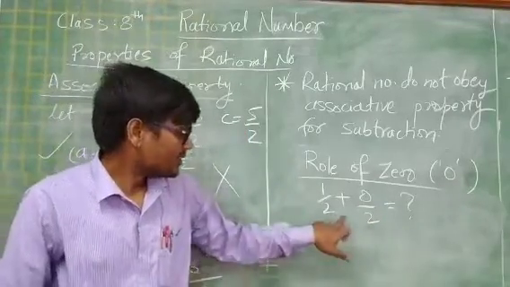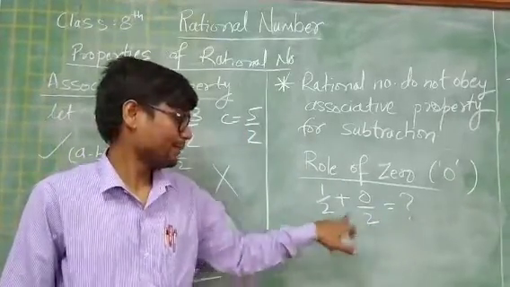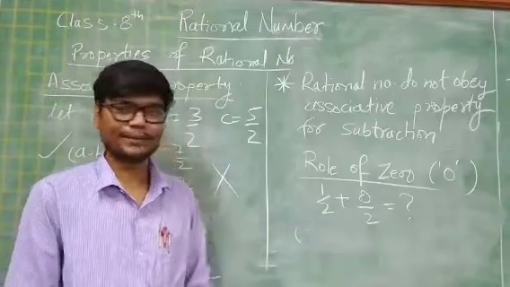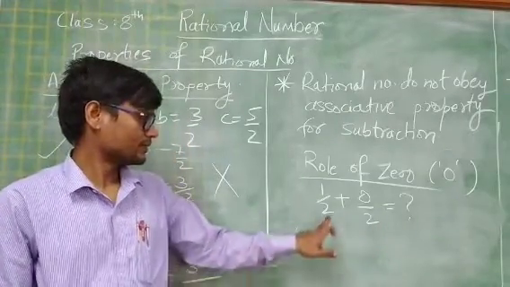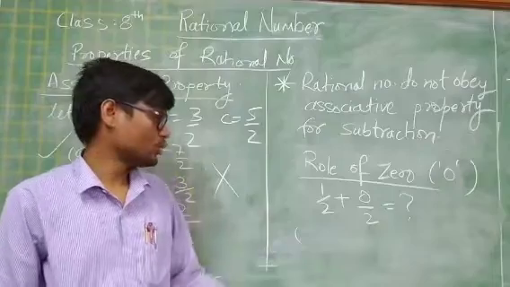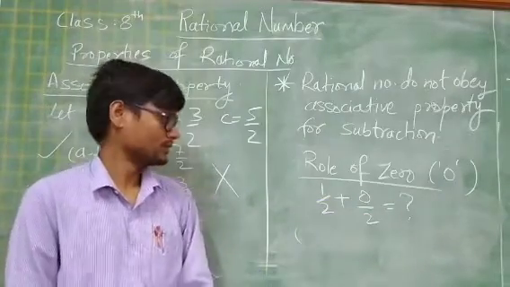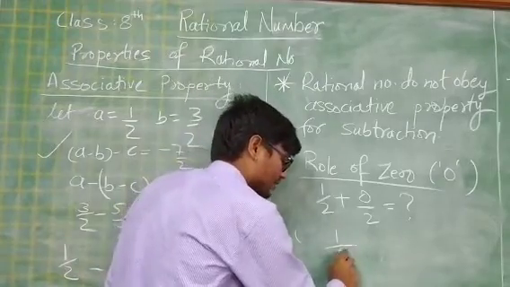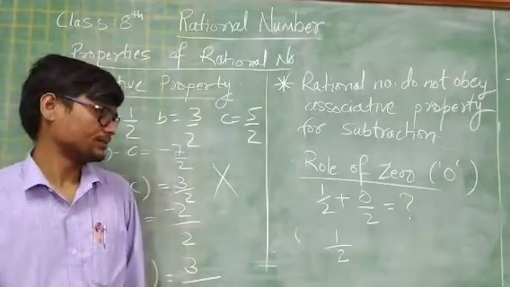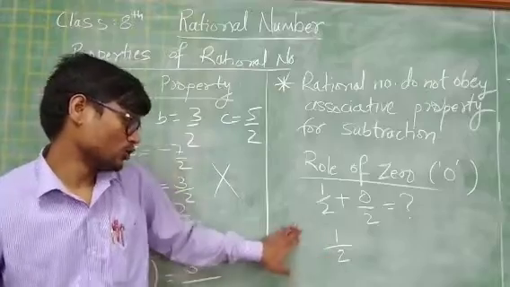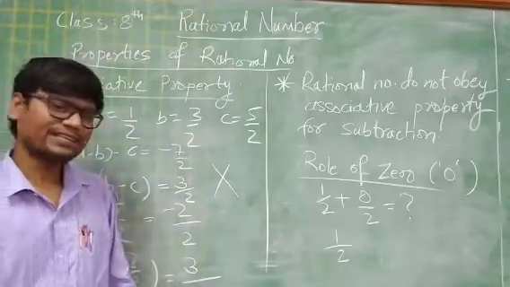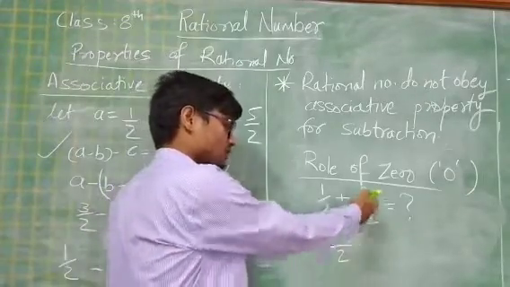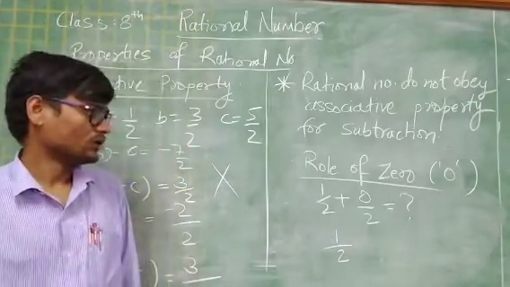Now the denominators are same. Since denominators are same, we need to add only the numerators. So 1 plus 0 is 1 and the denominator is left undisturbed. So denominator is 2. We see that the sum of 1 by 2 and 0 is 1 by 2.